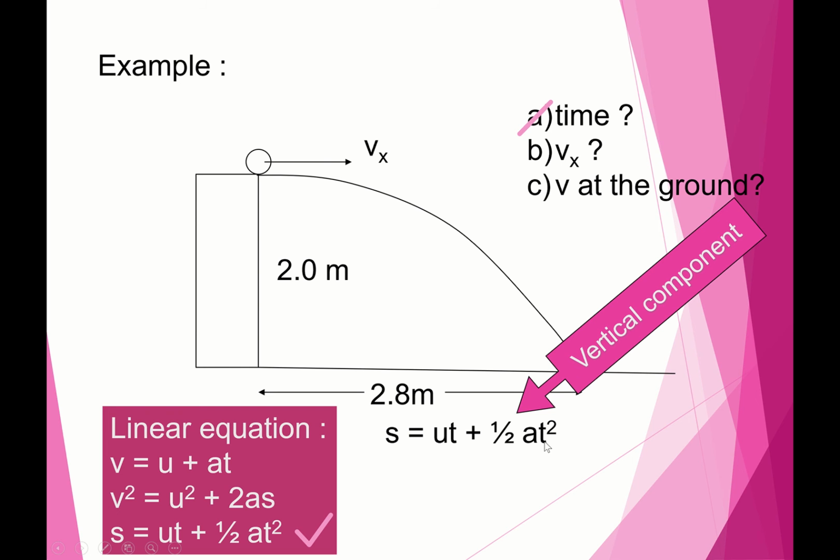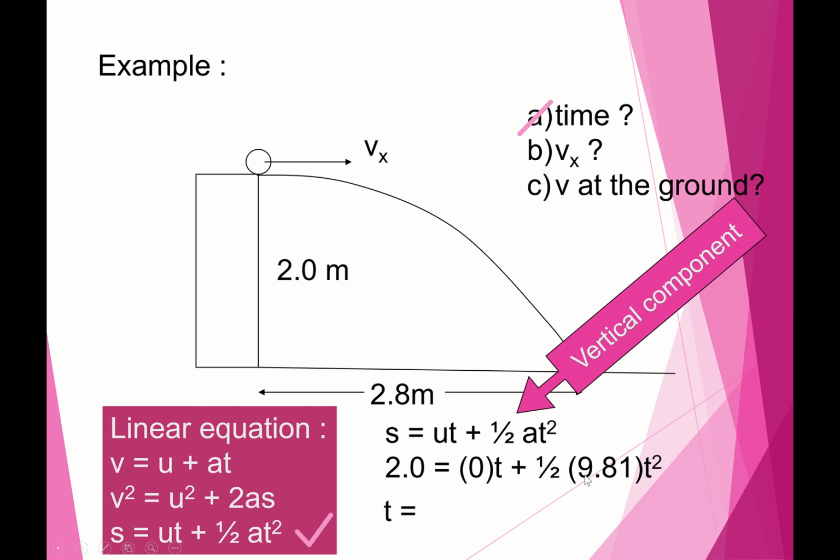The only unknown variable is t. Now we substitute all the values: 2.0 equals 0 times t, plus half, 9.81, t squared.